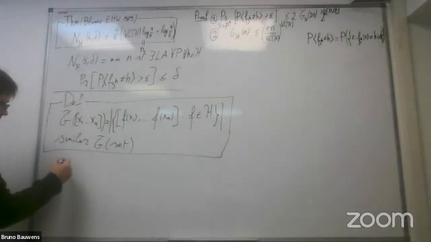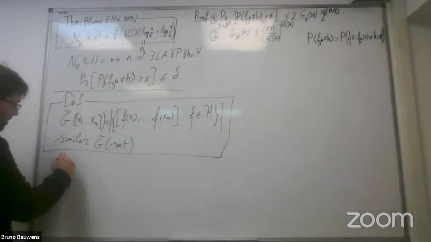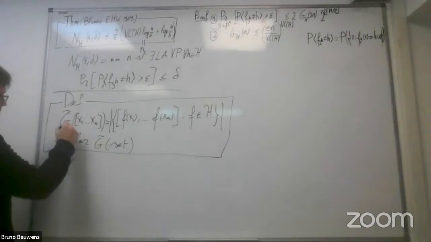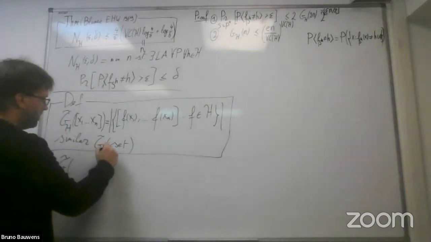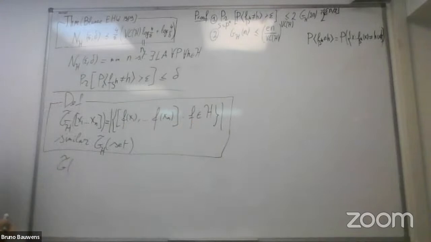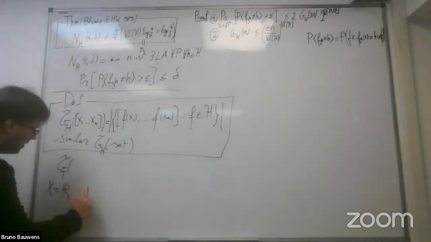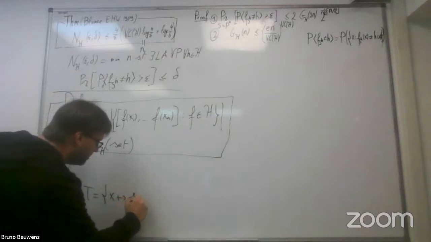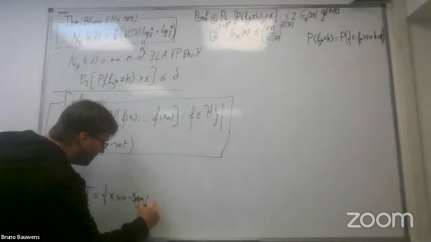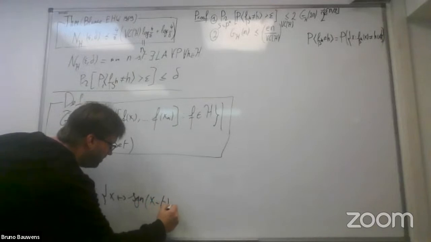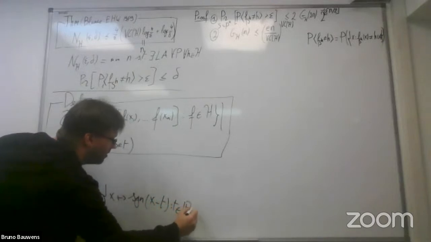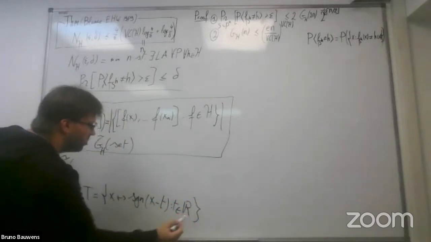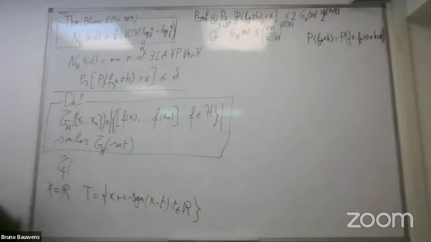Let us look at, for example, G tilde. We need some index to indicate the set of classifiers. So for example, G tilde is a threshold function. So if x equals R and h_t(x) is equal to sign of x minus t, for t in R. Okay, so what is the growth function for threshold functions?